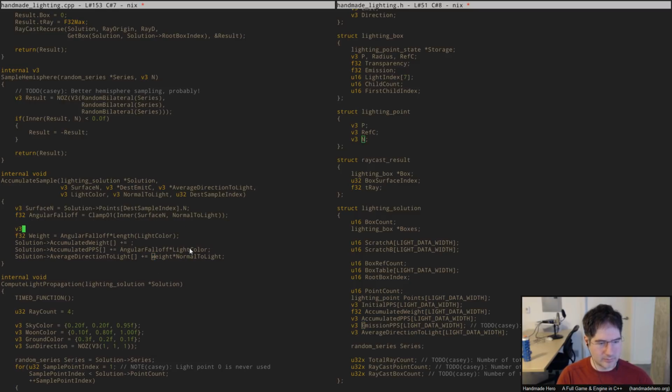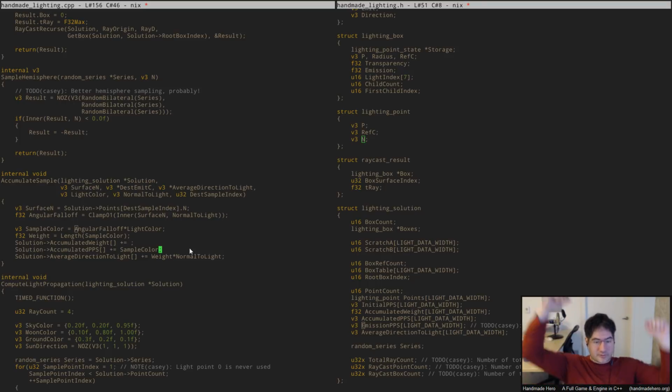So this is really going to be computed here. We can just use that since that distributes. Those are the same answer, right? So the weight times the normal to light you can just get from the length of the color sample there. The accumulated photons per second is just the sample color.